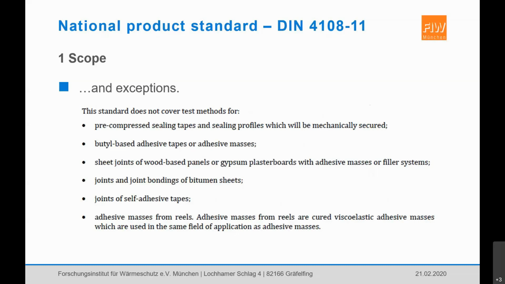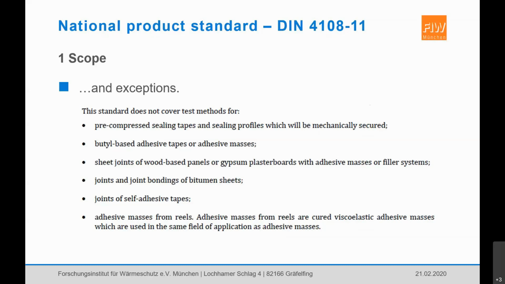Here we have exceptions for certain kinds of products, mainly because the standard concerns the durability of the bond strength, so material groups that have a working functionality based on other principles are excluded. If you think, for example, about butyl-based adhesives, they show extensive creep behavior without losing their airtightness.